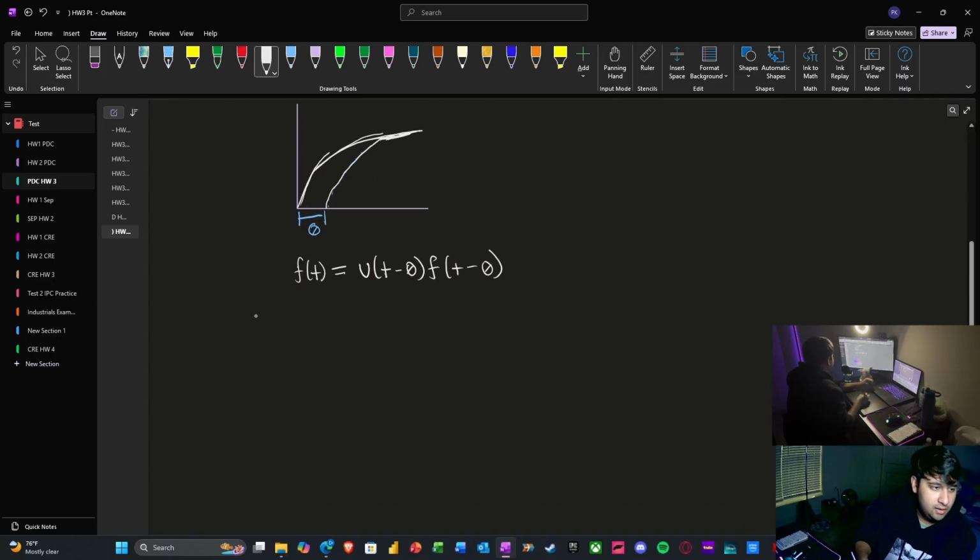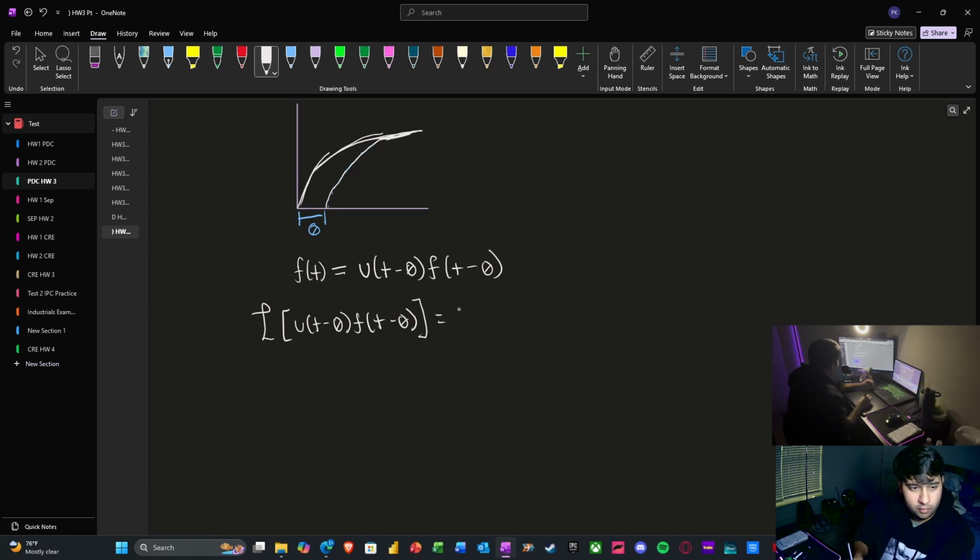And if we take the Laplace transform of this function, we're going to derive it from 0 to infinity, and we're going to get u(t minus theta) f(t minus theta), multiplied by e to the negative st with respect to t.